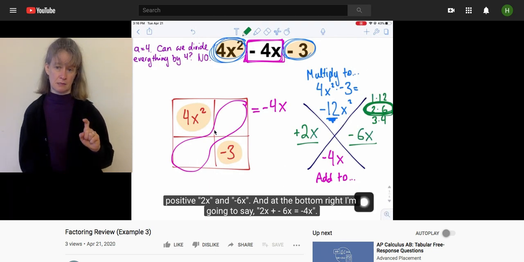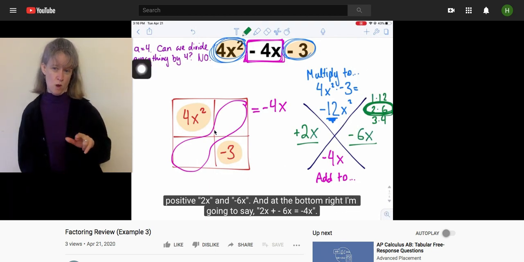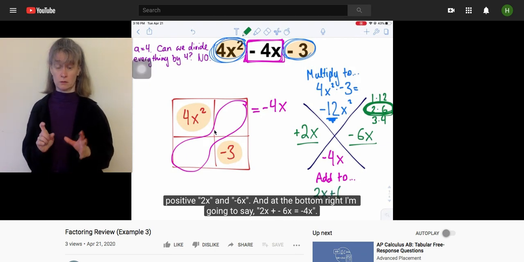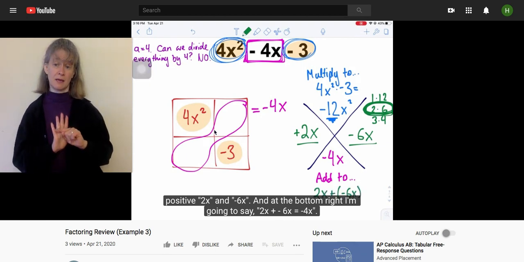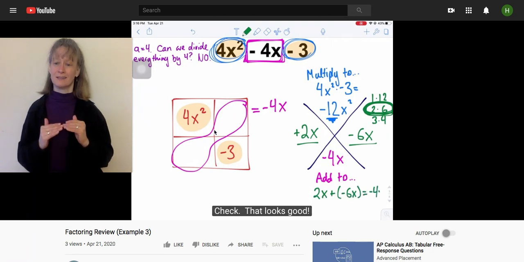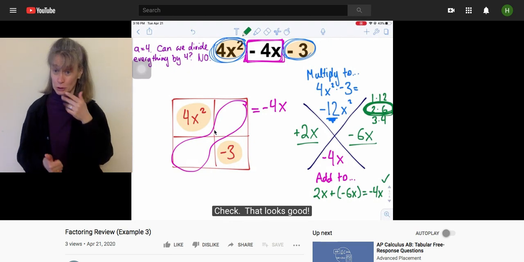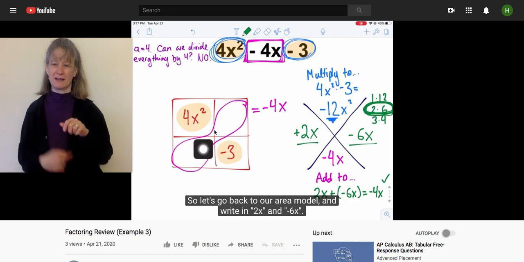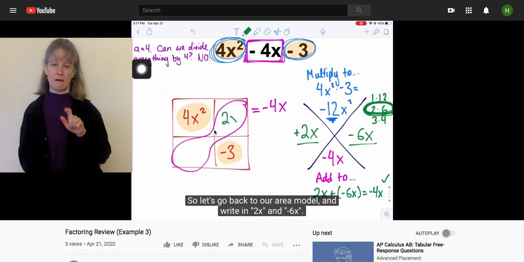And at the bottom right, I'm going to say 2x plus negative 6x equals negative 4x. Check. That looks good. So let's go back to our area model and write in 2x and negative 6x.